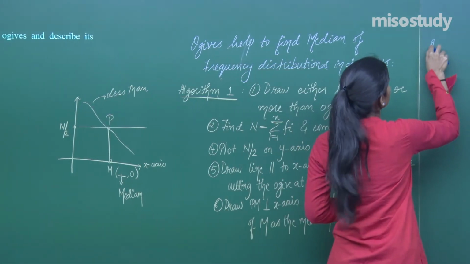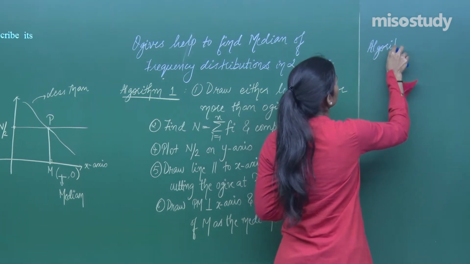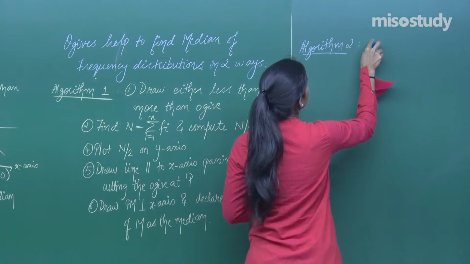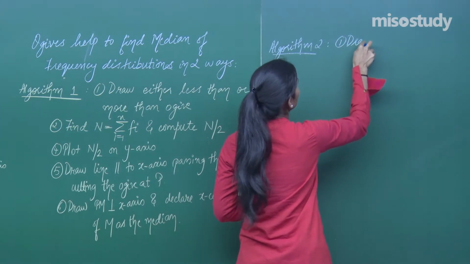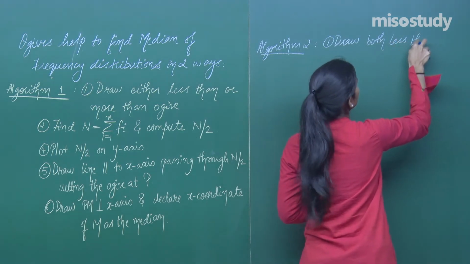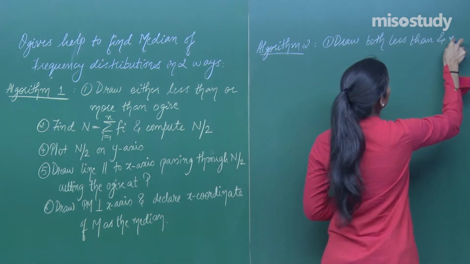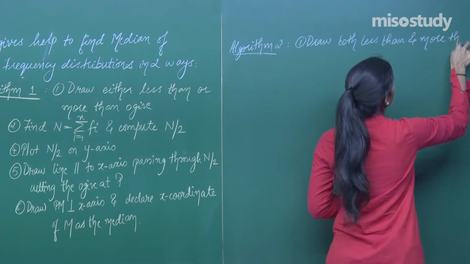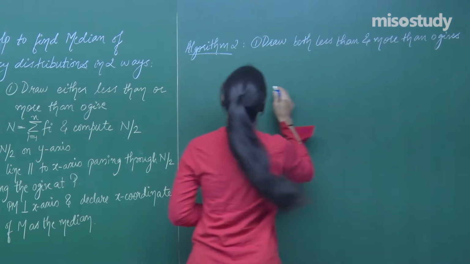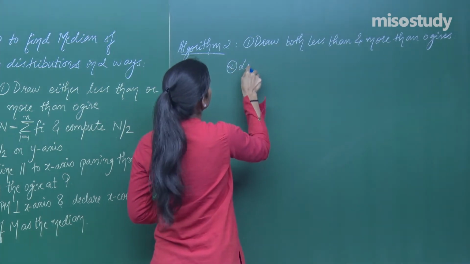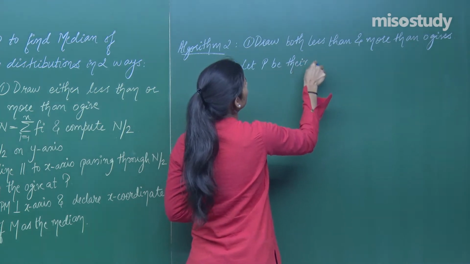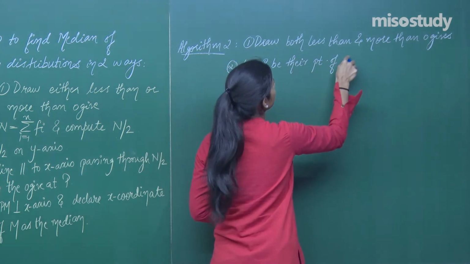There is another algorithm which asks us to draw both the ogives. So step number 1, draw both less than and more than ogives. Okay. Let P be their point of intersection.